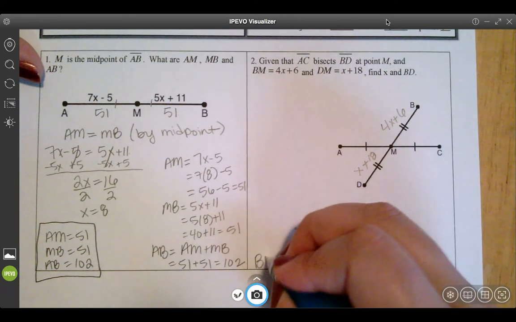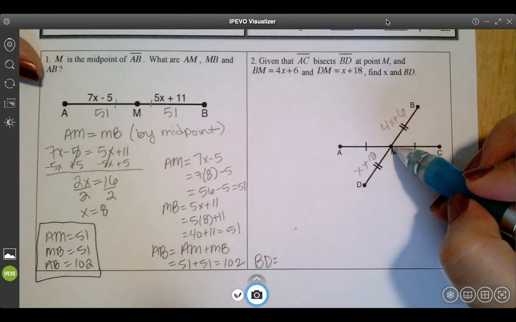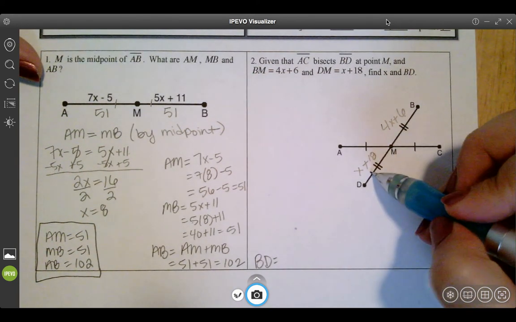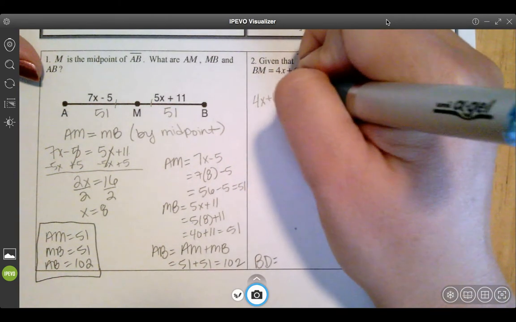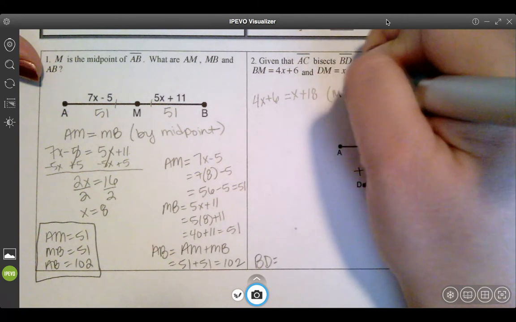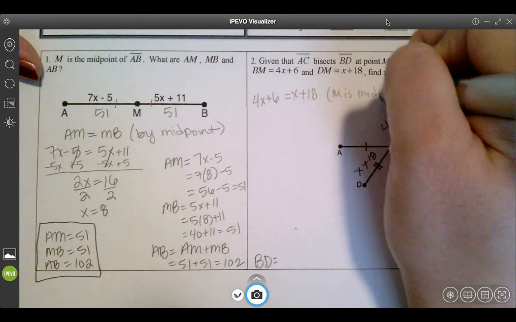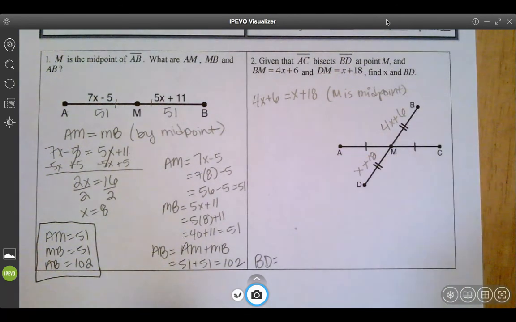So we want BD. Since M is the midpoint, I know that these two sides are equal. We can say 4x plus 6 equals x plus 18 because M is the midpoint, and midpoint means that the two sides are equal.